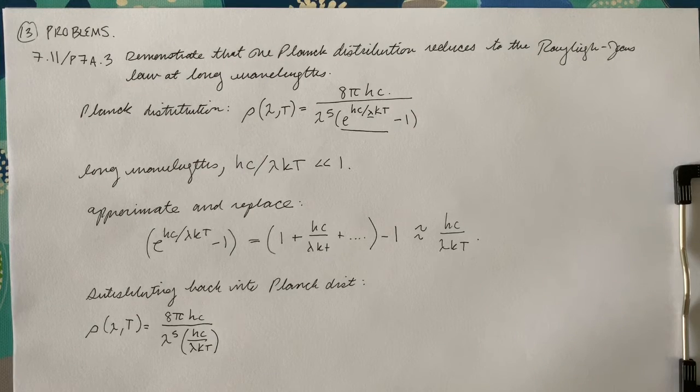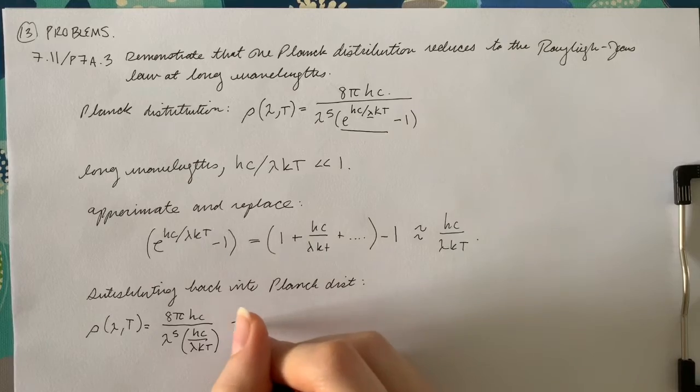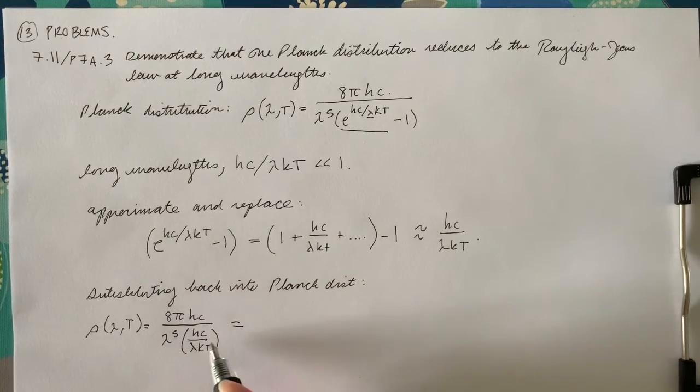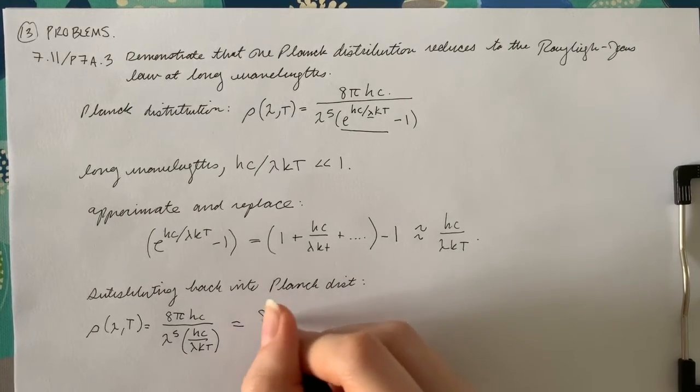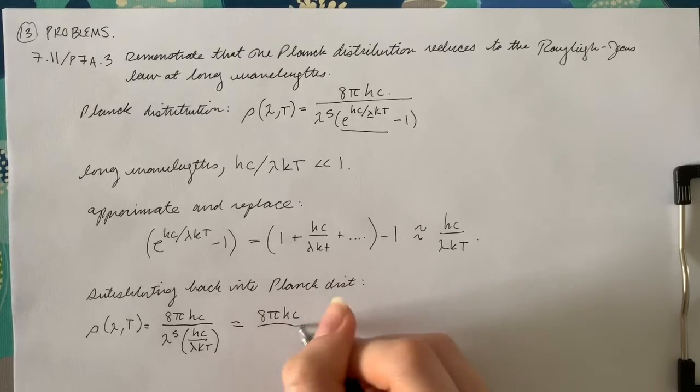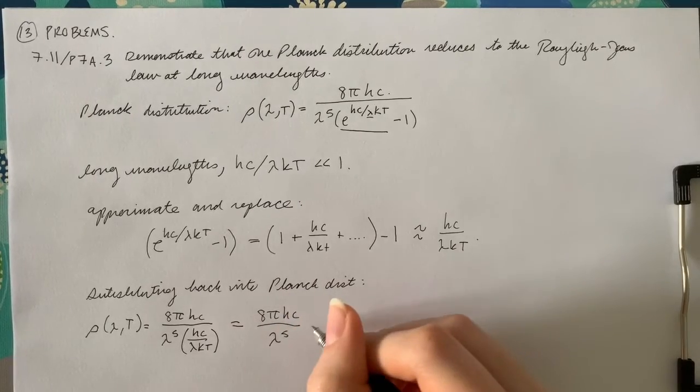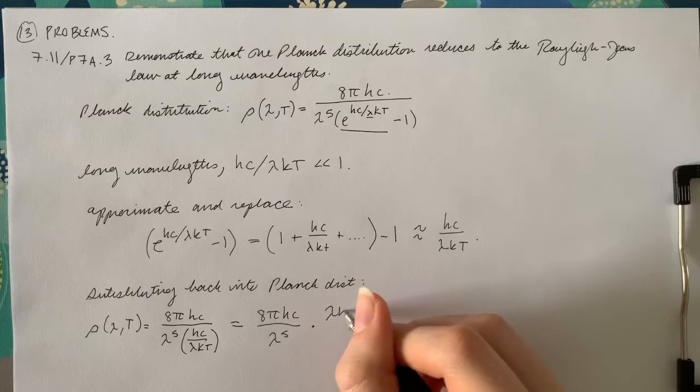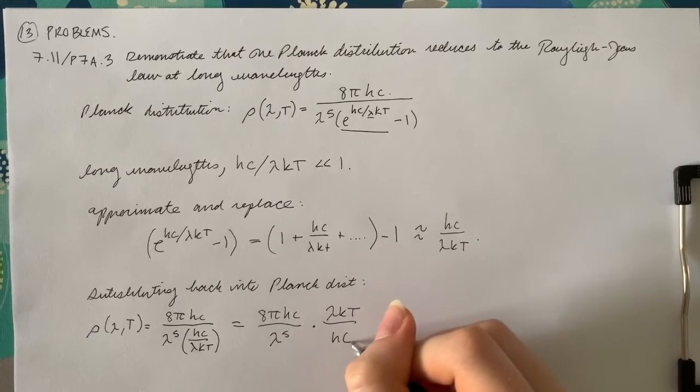I'm just going to separate this out into two multiplied fractions so I can see better. 8 pi hc over wavelength to the fifth times the reciprocal, wavelength kT over hc.